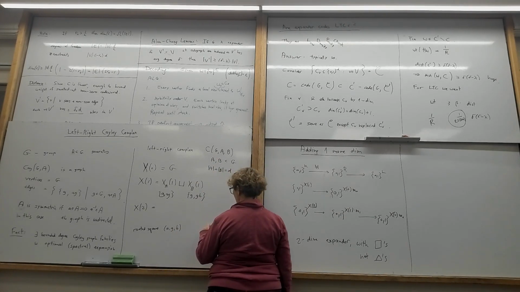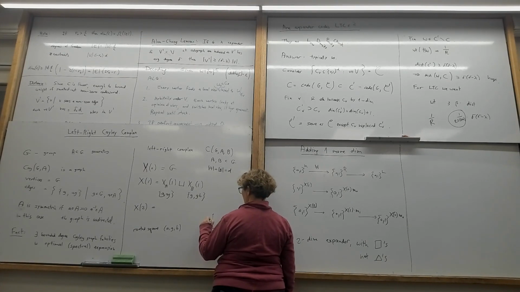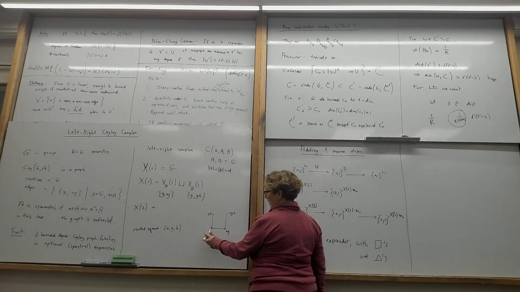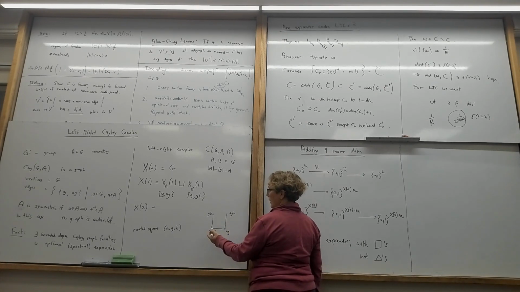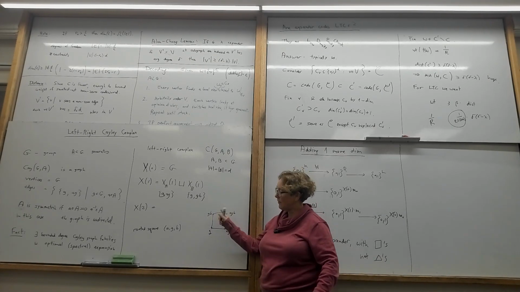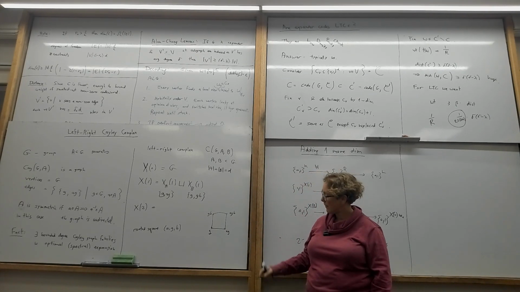It's the cycle from g to gb to ag to agb. So notice that I can take a left edge from g to ag, and then a right edge from ag to agb, or I can take a right edge from g to gb, and then a left edge from gb to agb. Okay, so I'm always going to have these four cycles in this graph.